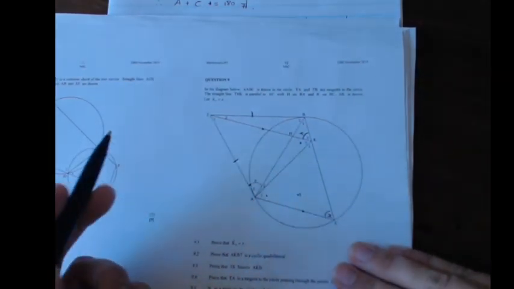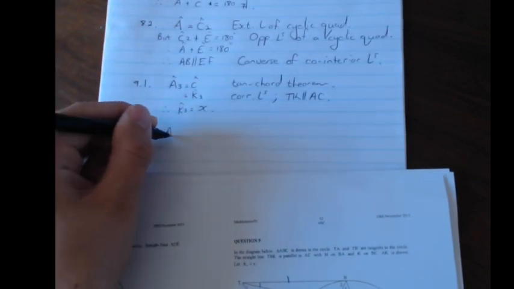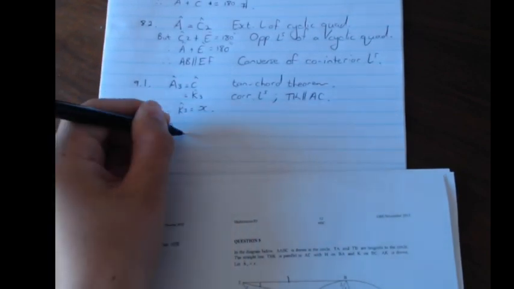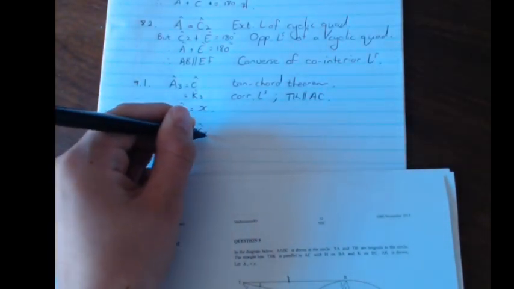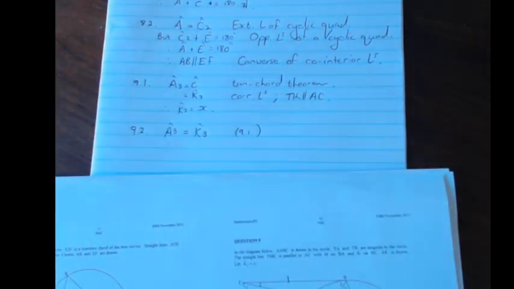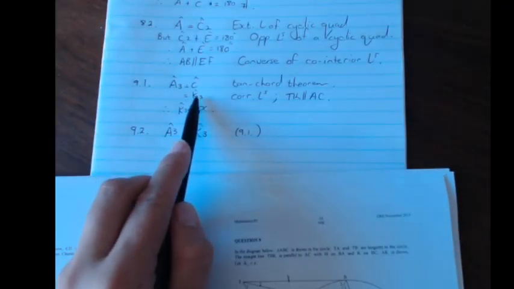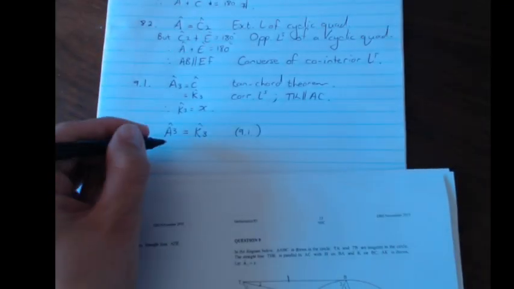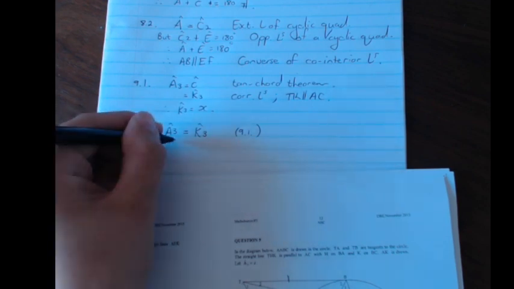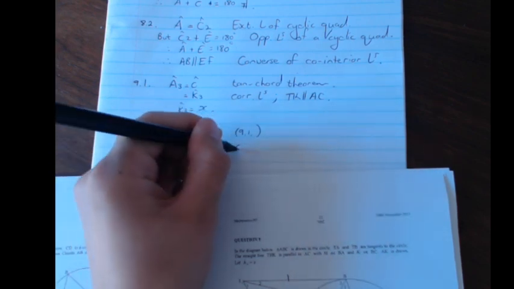So I can just say, actually here, 9.2, that A3 is equal to K3. I've already shown that in 9.1, so I don't need to make an argument for it again. A3 is equal to K3 in 9.1. But then AKBT is a cyclic quad.